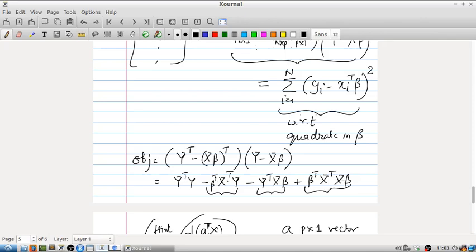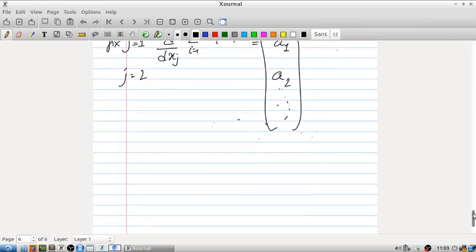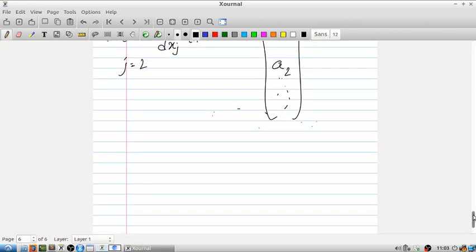Then you have beta transpose A. Its derivative with respect to beta is just the thing that is getting multiplied. This illustrates that you can find the best beta hat. If you remember the formula from your stats class, it's just X transpose X inverse X transpose y.